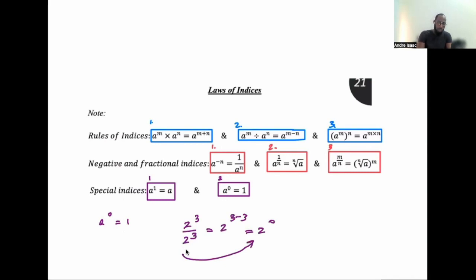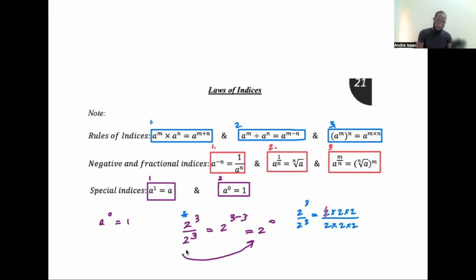Now, I can work out this here and say, all right, 2 cubed over 2 cubed is like saying 2 times 2 times 2 over 2 times 2 times 2. 2 cubed means you're multiplying 2 three times. It's not 6, right? You're multiplying 2 three times.